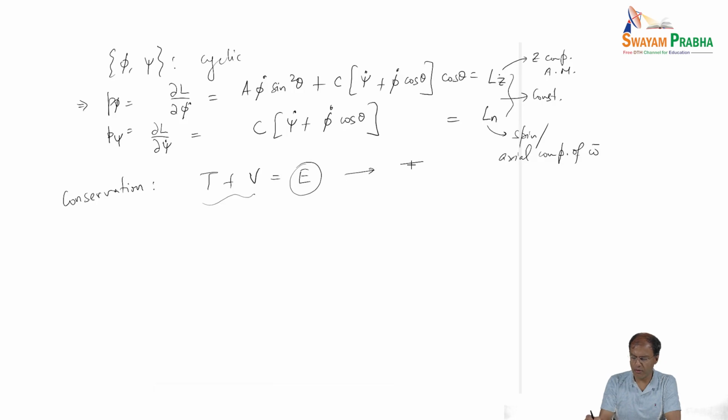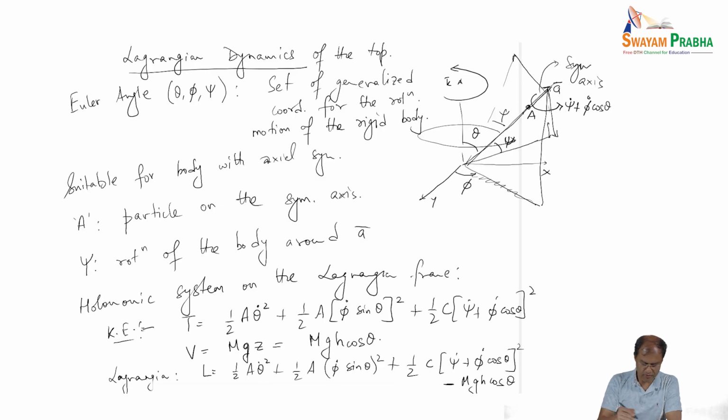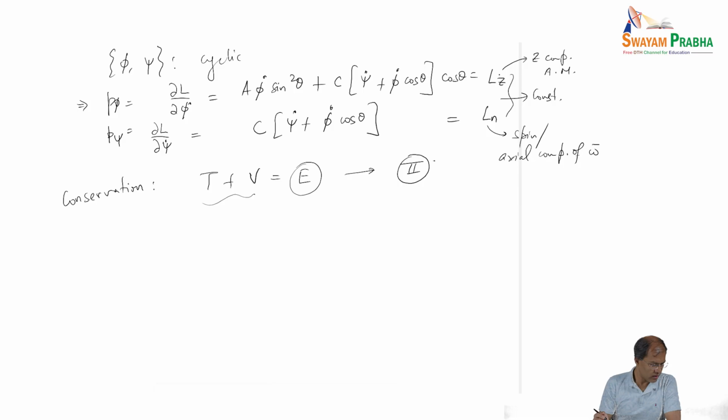Let me call this result 2. This is my first result, let's call it 1, my Lagrangian. Okay, so then what have we got?